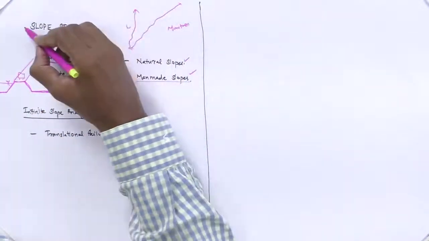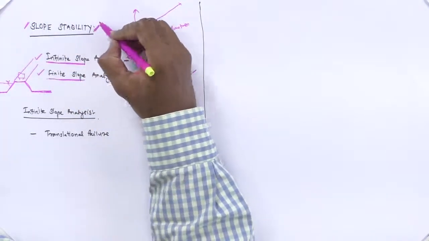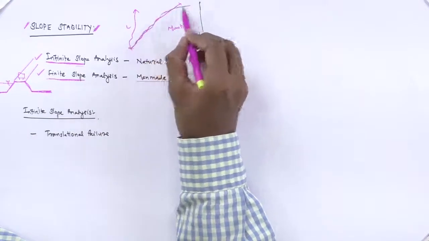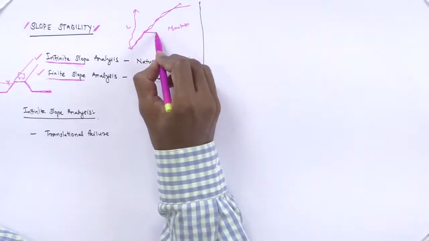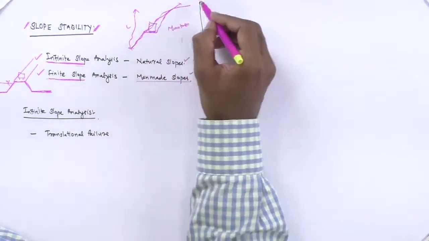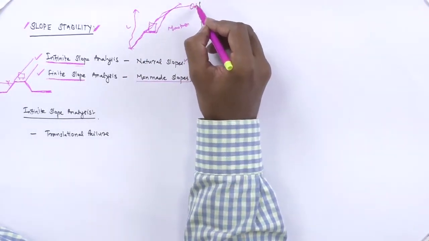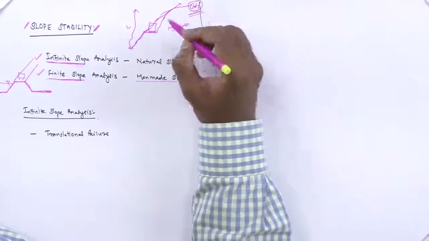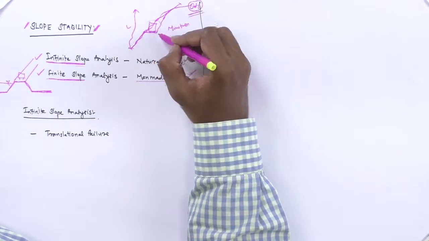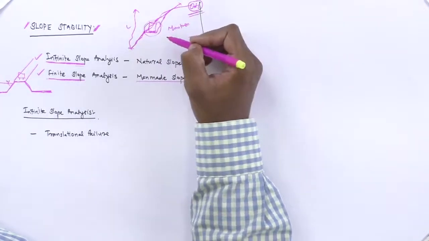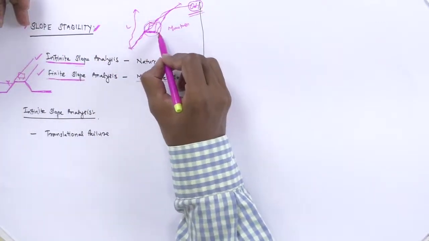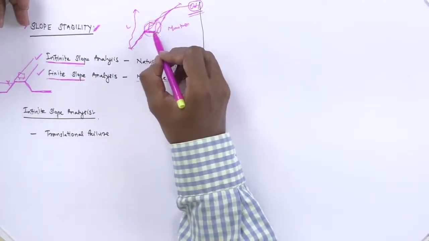So in this topic, slope stability. In infinite slope, in this mountain, we may need to cut the mountain to provide transportation to reach the top level. It may be Ooty or Kodaikanal, whatever it may be. The road has to be constructed, and in order to construct it, we start the site investigation. That site investigation is nothing but slope stability. We are going to cut like this and apply some load.